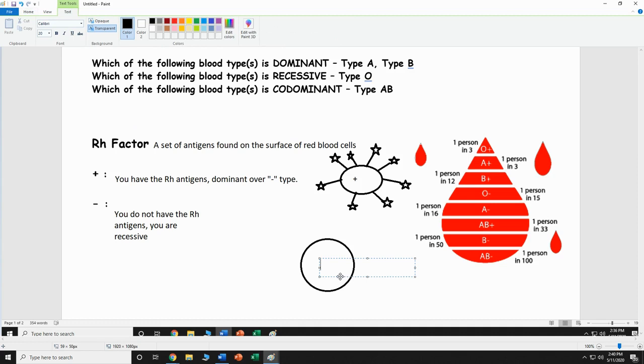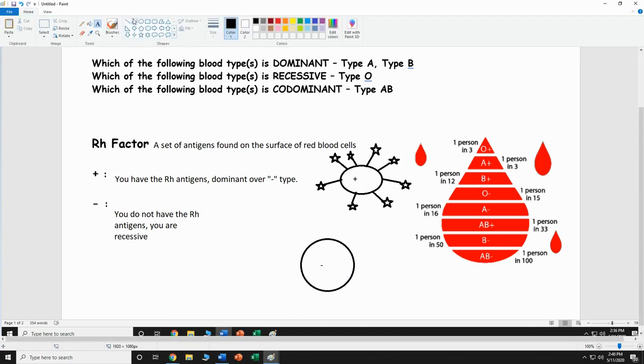Let's call it negative. All right, and it would just be a bunch of sticks with nothing on the end. So it's showing that you don't have those antigens that would be there with the positive type. Okay. All right. Let us try a little bit of practice.